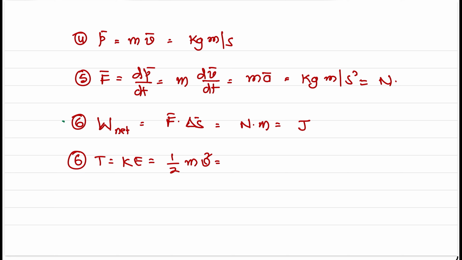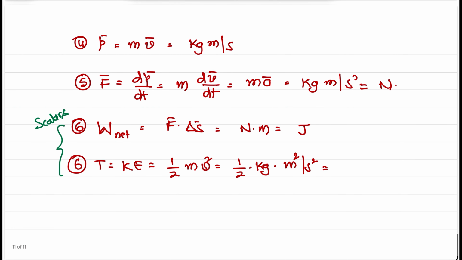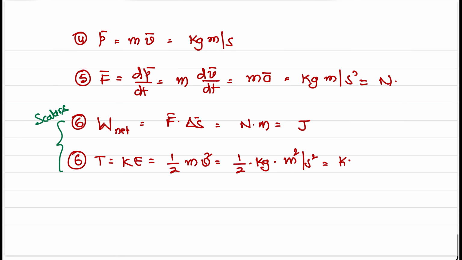Please remember that. Half into kg into meter square by second square, that is equal to kg meter square by second square is equal to joule. Kinetic energy is also in joules.